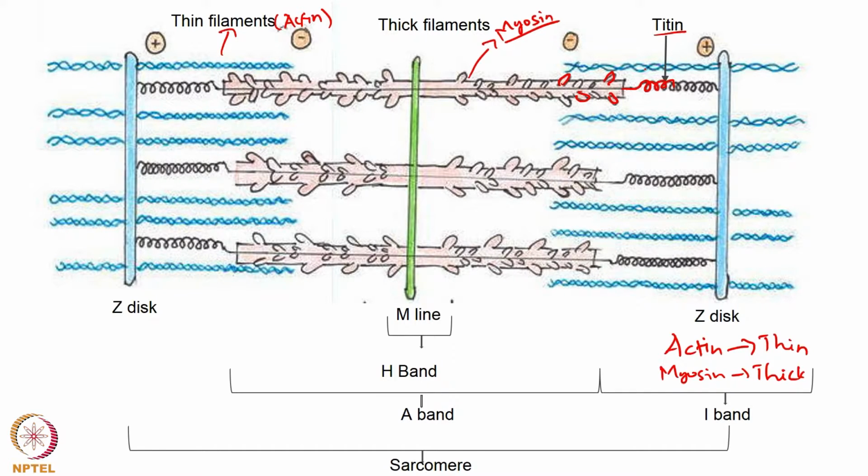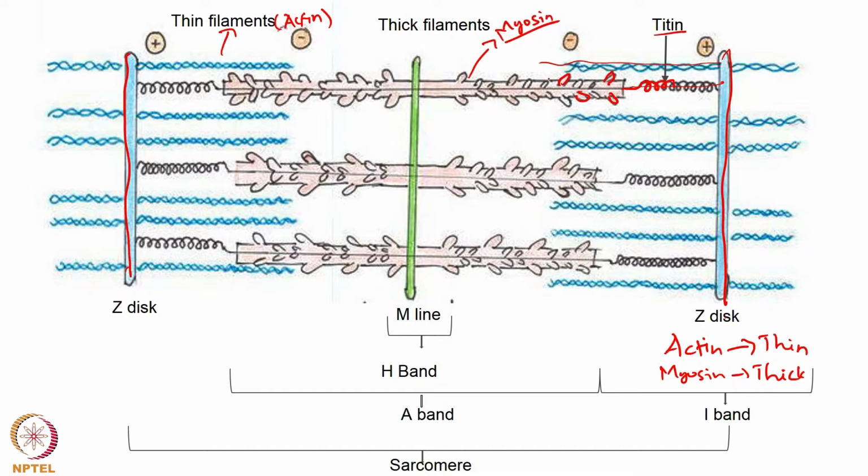So, titin attaches myosin to the Z disc. Okay. So, that is the Z disc, this is the other Z disc, and titin basically attaches the thick filament, myosin, to the Z disc, and the thin filament hangs in from the Z disc, right.